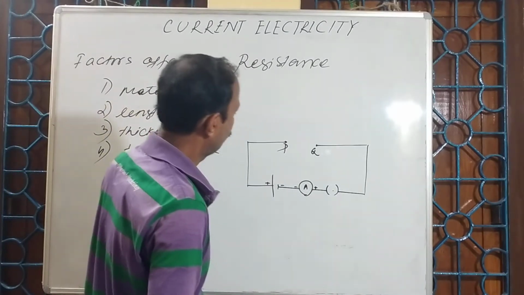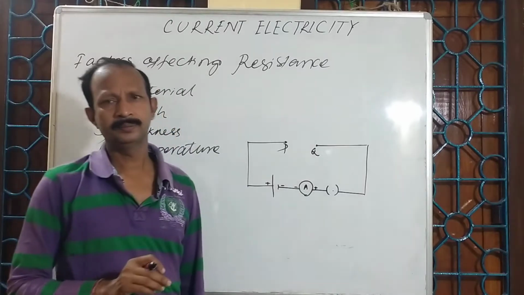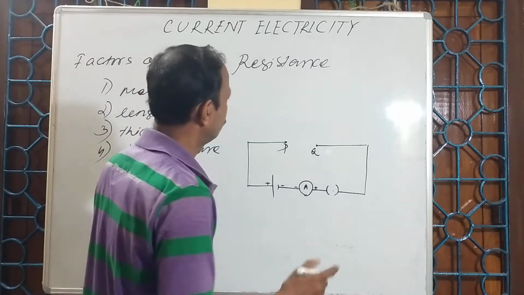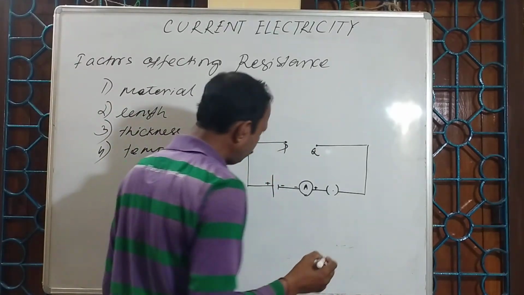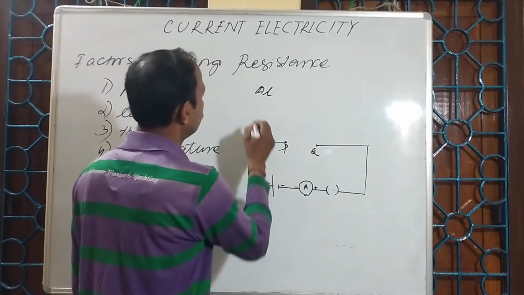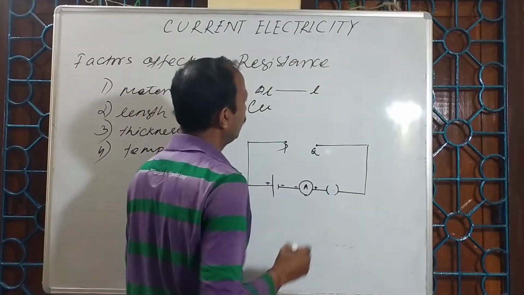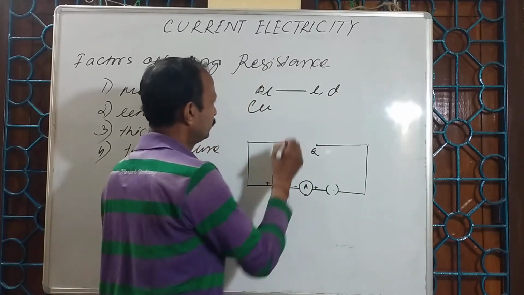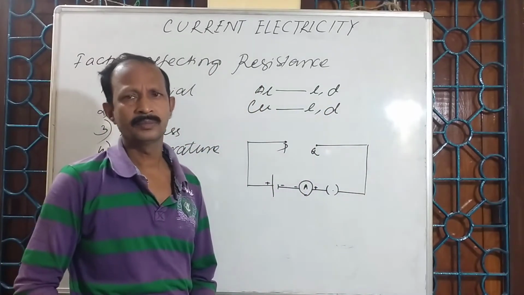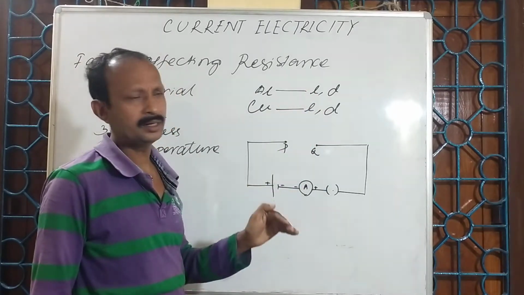So now I shall take conductors of different material. For example, you take aluminium, you take copper. Suppose the length I have taken is L, diameter D. Here also length L, diameter D. That means I am taking the same dimensions.